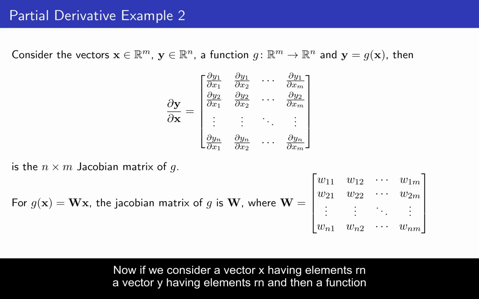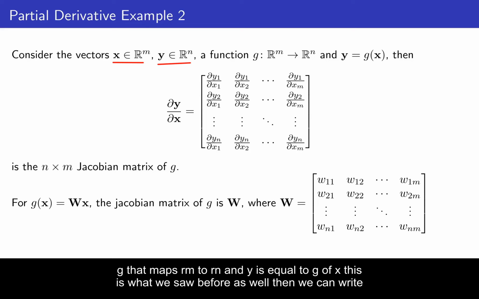Now if we consider a vector x in R^m, a vector y in R^n, and a function g that maps R^m to R^n, where y is equal to g of x, this is what we saw before as well.